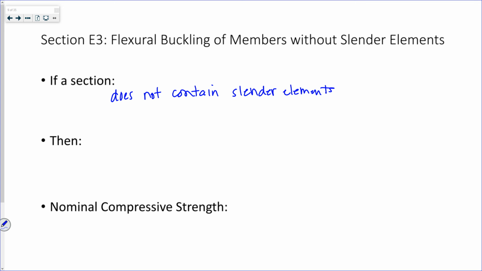And is doubly symmetric, then this is the section for you to calculate flexural buckling. And flexural buckling is global buckling, like Euler buckling, it's bending.